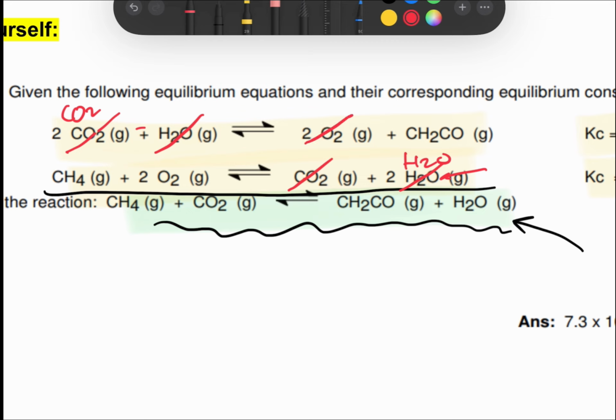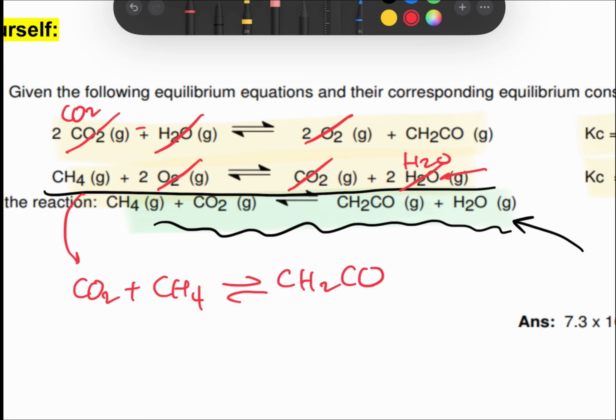And for oxygen, they're cancelled because they have the same magnitude and they're product and reactant. And okay, so at the end, the remaining things are going to be CO2 plus CH4, and then CH2CO, and then water. So is this one here the same as the one here? Yeah, sure.